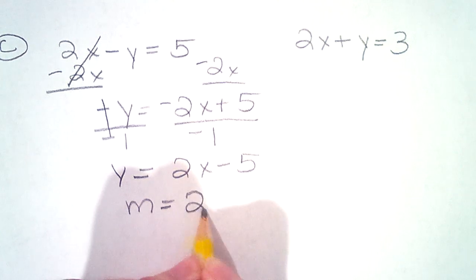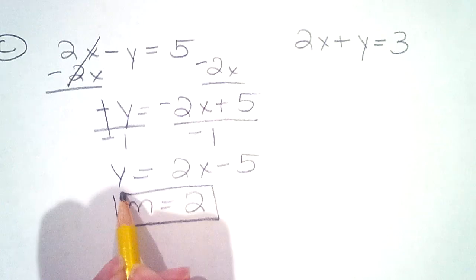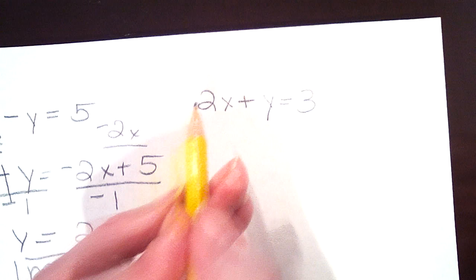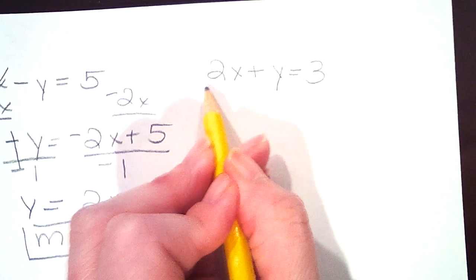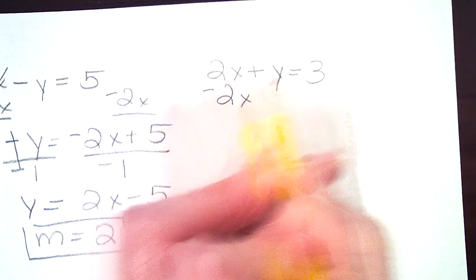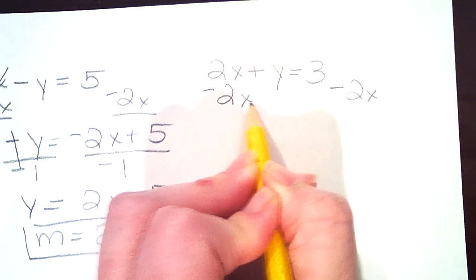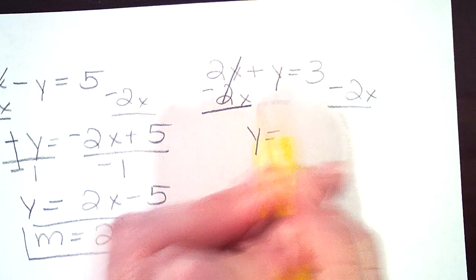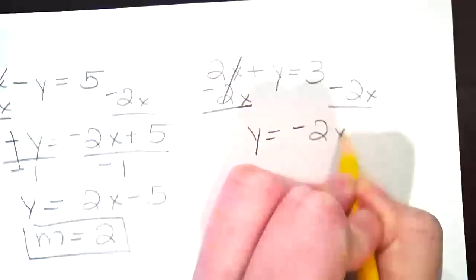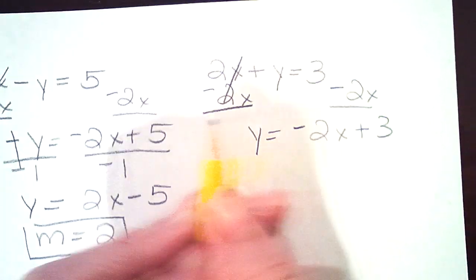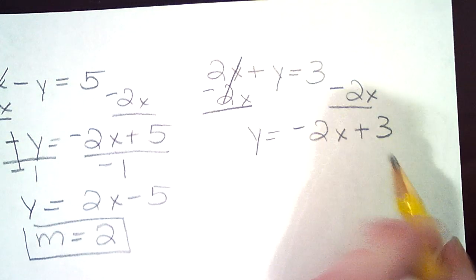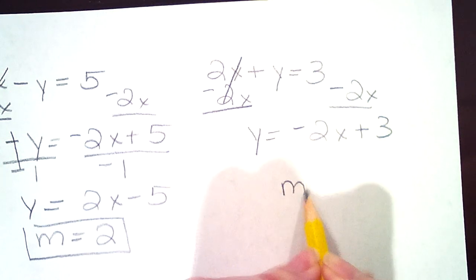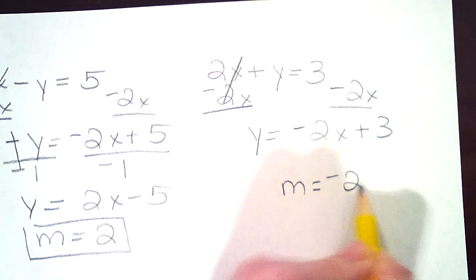I have a slope of positive 2 here. And here my slope is negative 2.